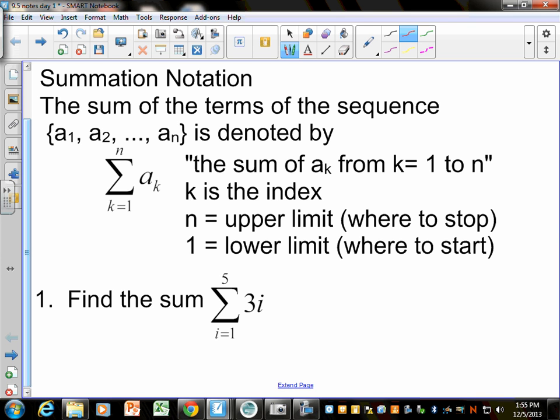Find the sum. So you've got to know what this means. It means start at 1, end at 5, all the integers in between, and this is your formula. So do you agree if I plug 1 in here, I would get 3 times 1? Yes? And I'm going to keep going until I get to my upper limit. So then I'm going to do 3 times 2, because that's what comes after 1.